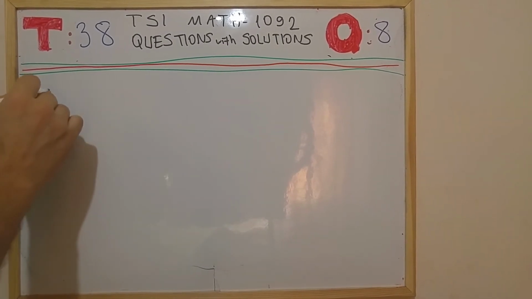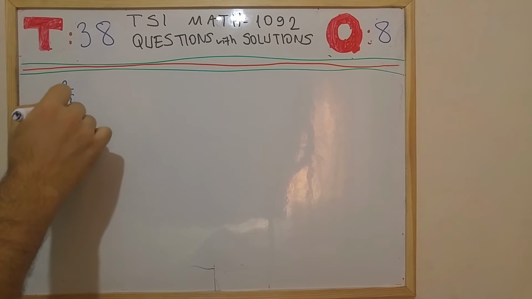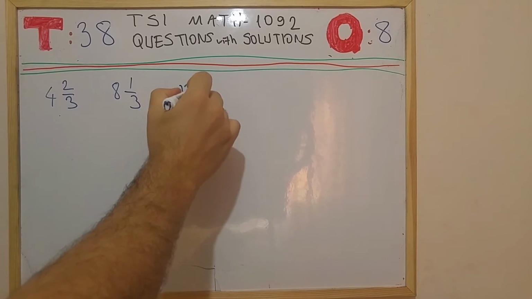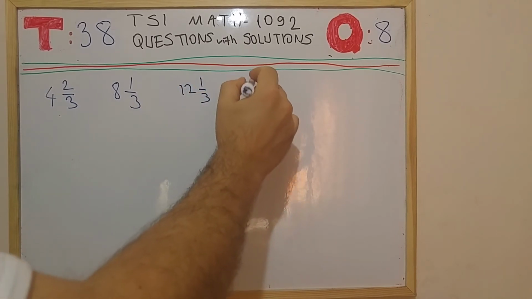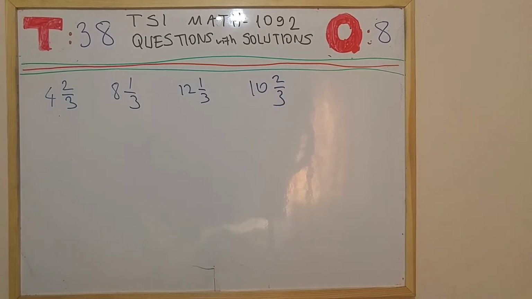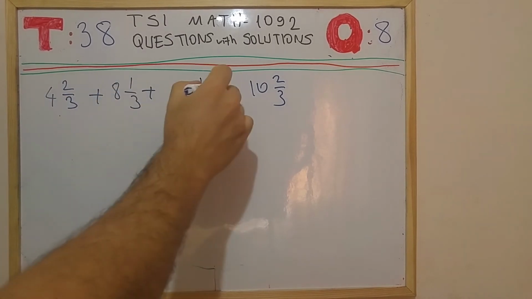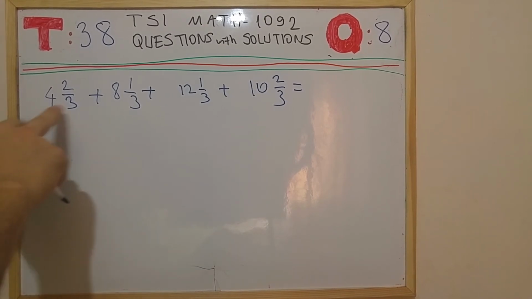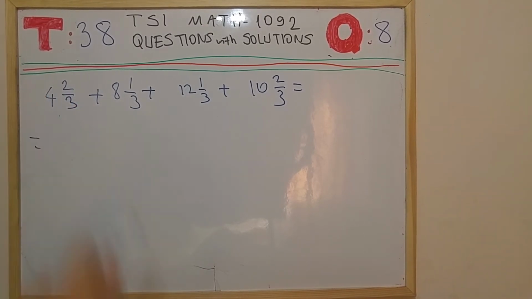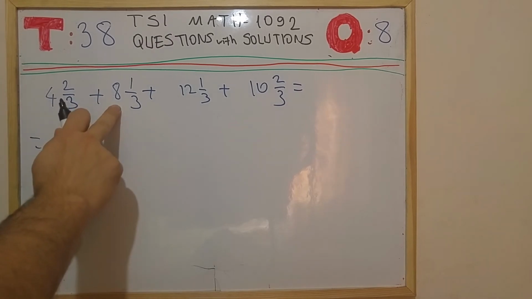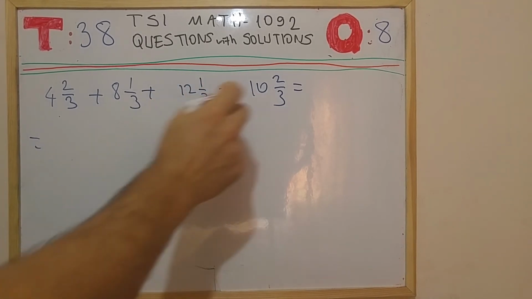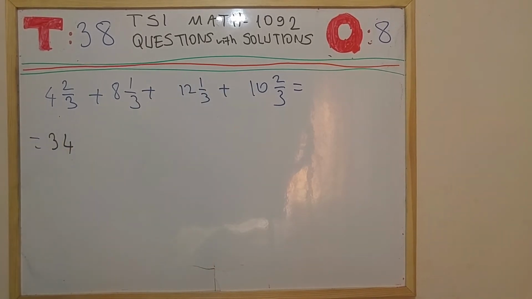Size of a garden measure this much, and this much, and this much, and this much. The fence needed must be the sum of these 4 numbers. Therefore, I just sum all these numbers out. Let's sum the integers first. 4 plus 8 plus 12 plus 10, which is equal to, this is 12, another 12 makes 24, and this makes 34 for the integers.